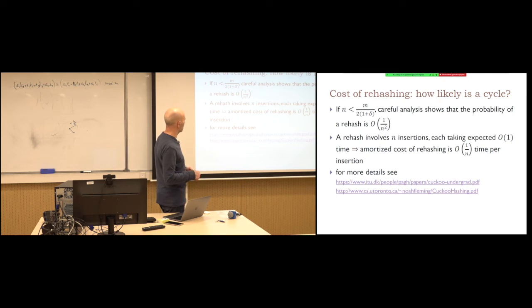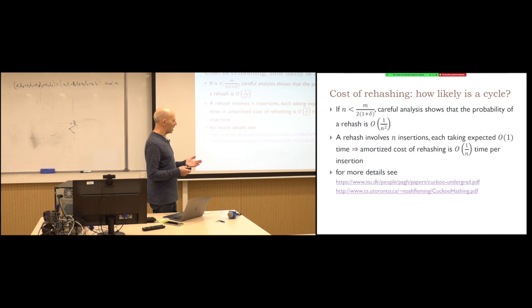The first one is from Rasmus Pagh, who is one of the inventors of cuckoo hashing, and he wrote a small note called Cuckoo Hashing for Undergraduates, and he explains in very simple terms why this works. So if you want to understand more, you can read this. It's a very easy to read text.